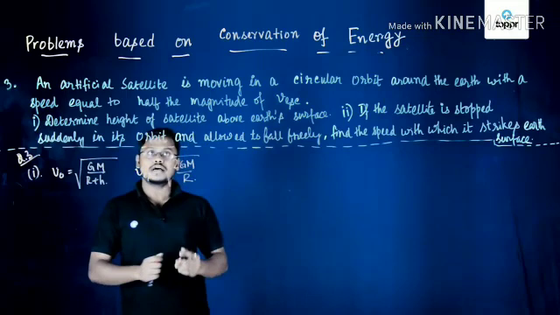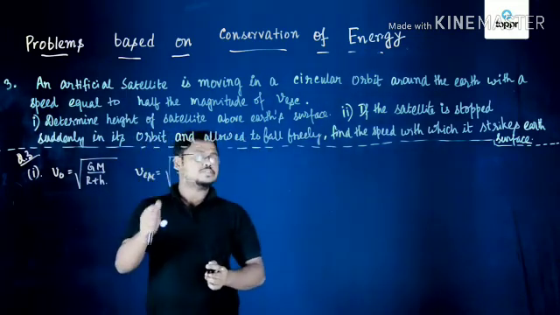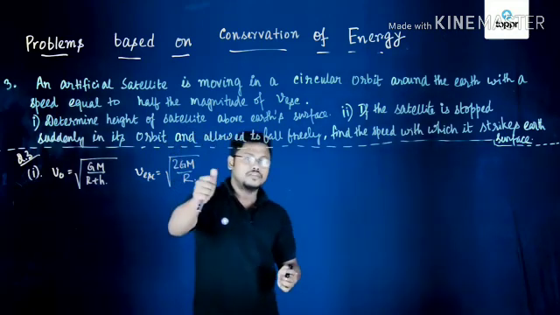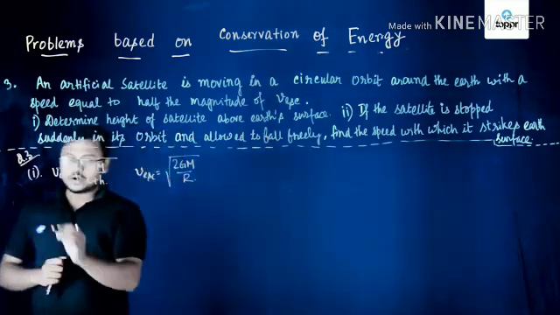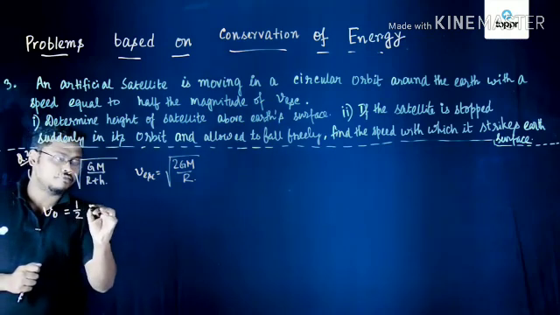So as per the condition imposed in the first case, this V orbital must be equal to half of V escape. So according to the problem, V orbital equals half of V escape.